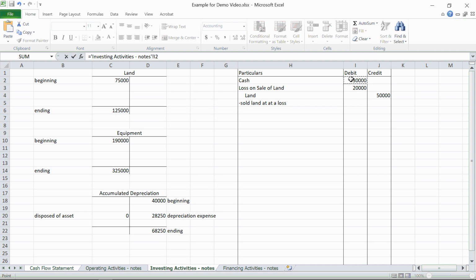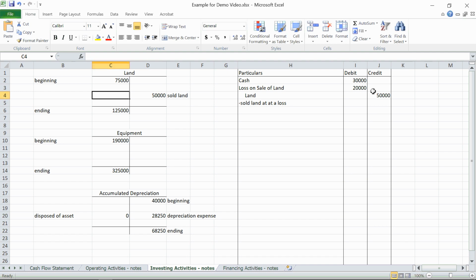of $30,000. And I want to take one more look at the land account just to make sure that if I were to post this credit of $50,000 to the land account, does that fully explain the difference in the land account? And no, it doesn't, because this looks like $75,000 minus $50,000. If this $50,000 credit was the only thing that happened in the land account, the balance should be $25,000 debit, not $125,000 debit.